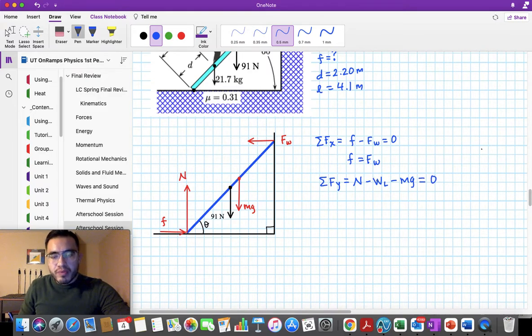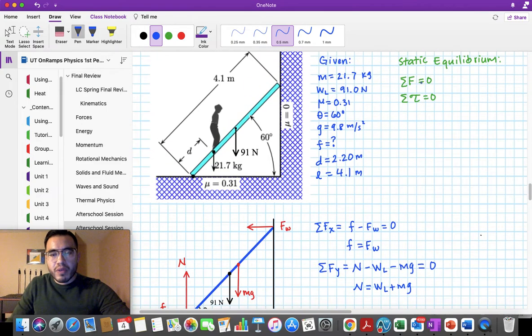If I move the weight of the ladder and the weight of the toddler to the right, I get that the normal force is equal to the weight of the ladder plus the weight of the toddler, mass times acceleration due to gravity. And that is it for the sum of the forces.